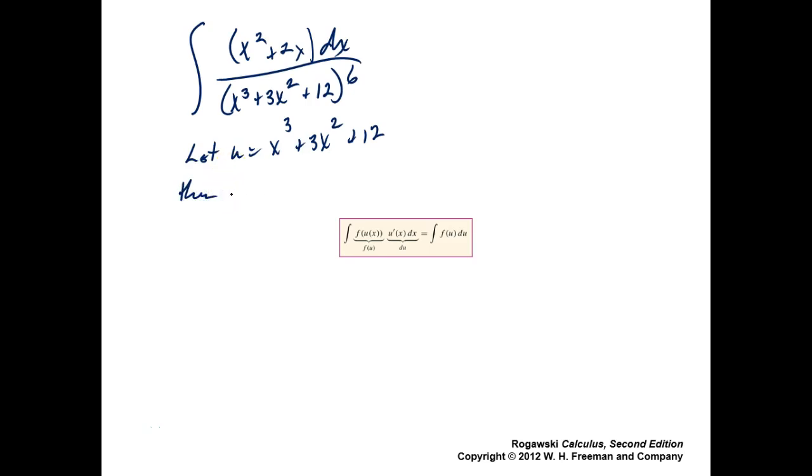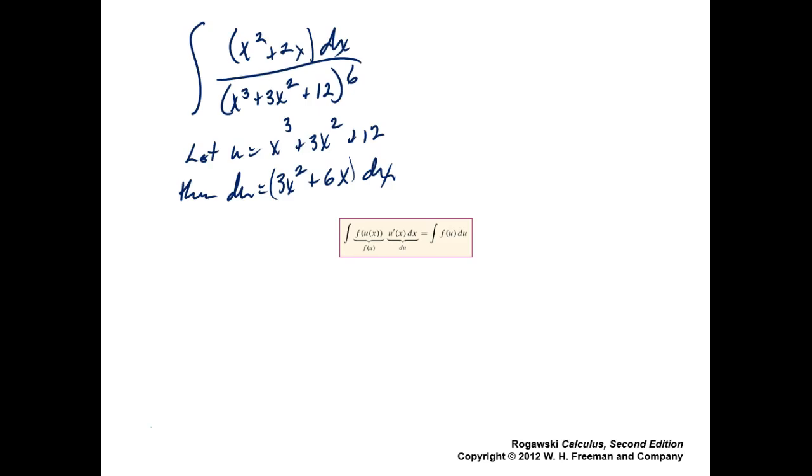Then du is equal to 3x squared plus 6x, dx. Okay, don't forget your dx. All right, do we have a 3x squared plus 6x dx in the original problem? No, we don't. But what could we do to make it look more like that?